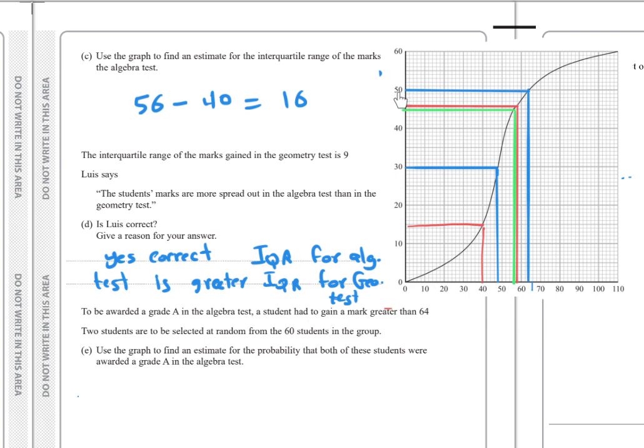If I need more than 64, so 60 minus 50, we have 10 students more than 64. So if we need to choose 2 from them, for the first one, 10 over 60. For the second one, 9 over 59, equals 3 over 118.